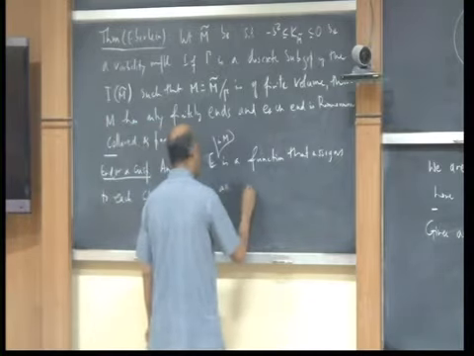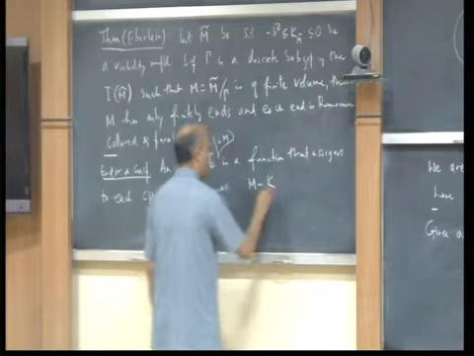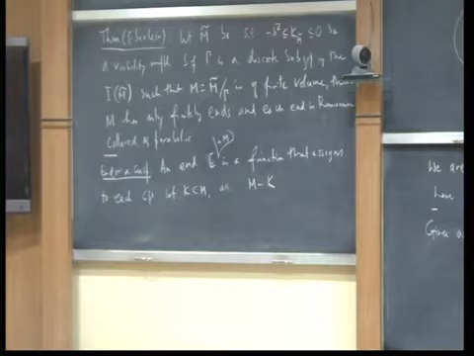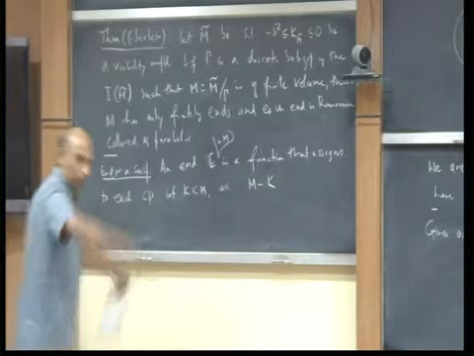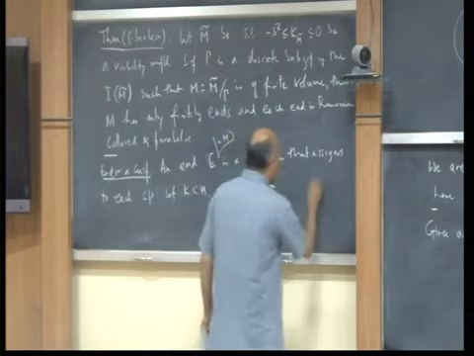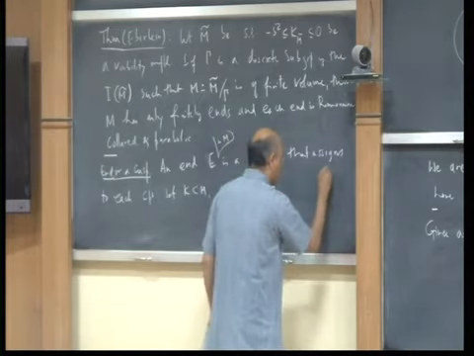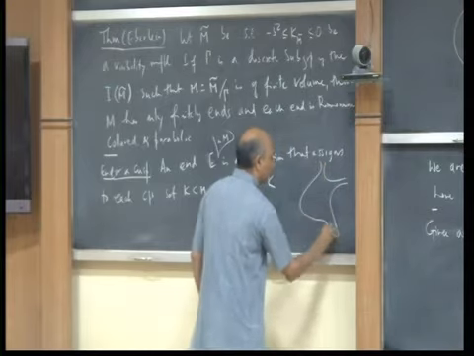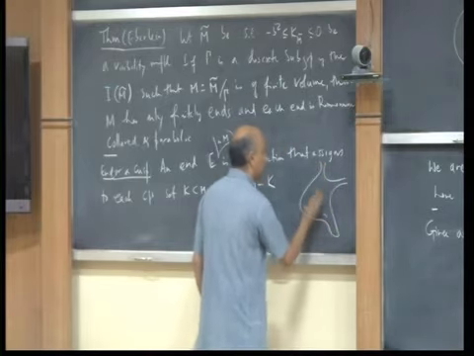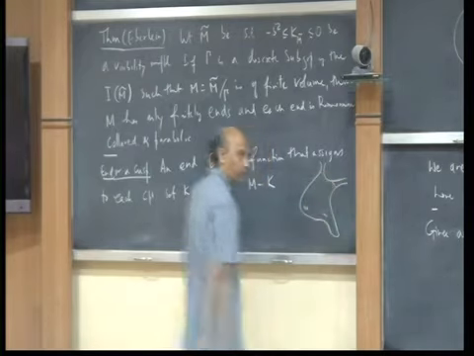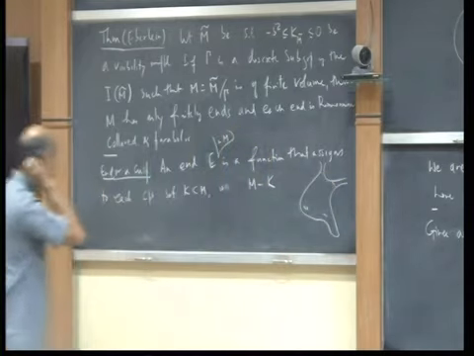So I look at M minus K, I have a compact set, and I'm looking at M minus K. That could either be connected or it could even have something like this. So let me just write a typical picture. This could be the compact set, and there could be more than one connected component.